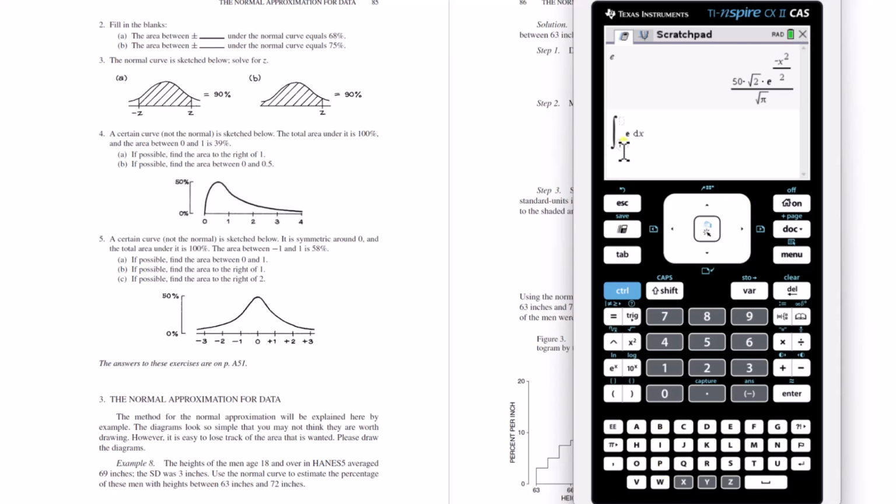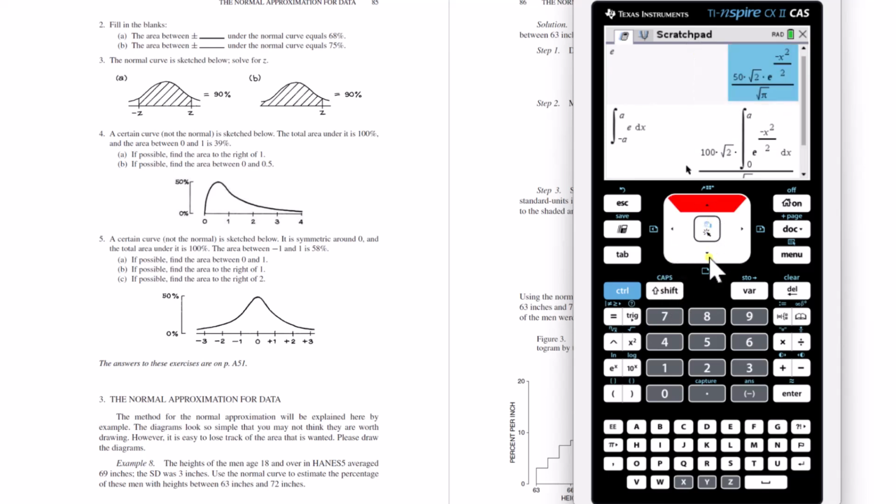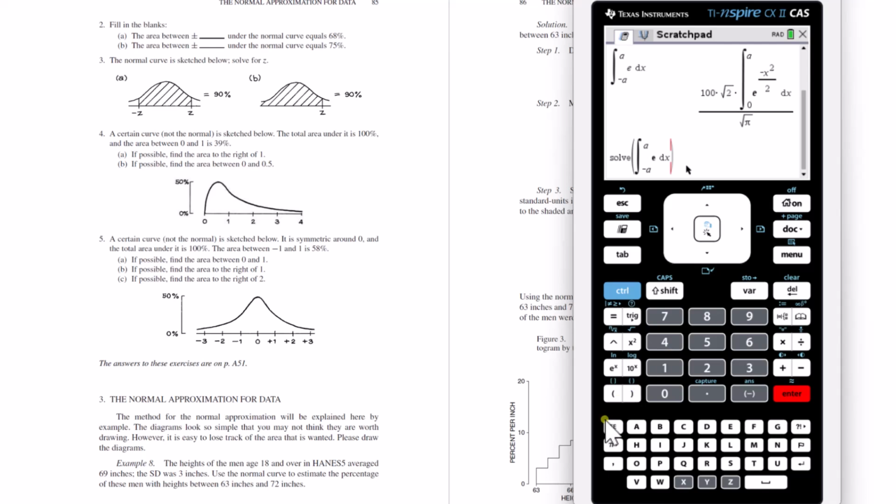And this is going to go from minus A to A. Now, we want to solve this, equal to 68, for A. 1.